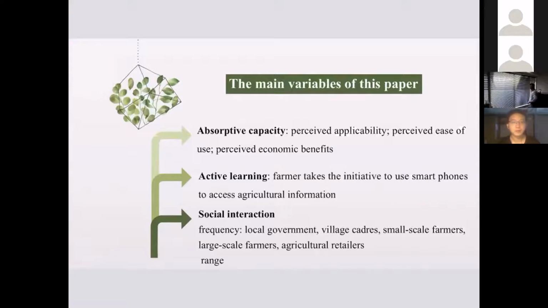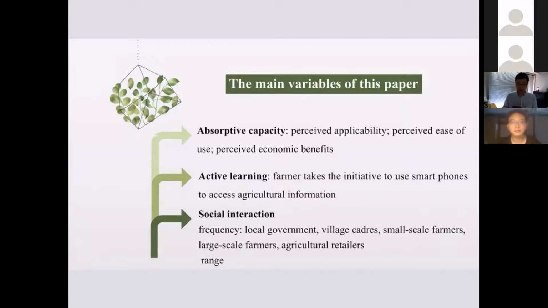Let's move on. In this paper, farmers' absorptive capacity of the DFS is defined from three aspects. The first is applicability of the DFS for the local farms. The second variable is perceived ease of using the DFS. The third is perceived economic benefits.